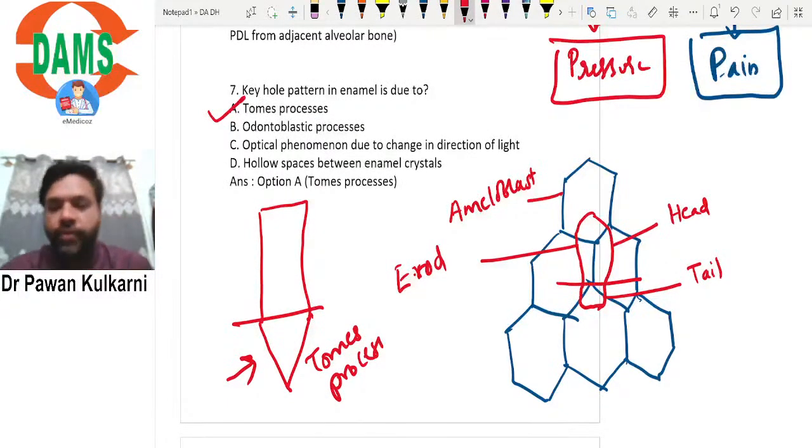What is Stone's fiber? Stone's process is an extension or process of the ameloblast. Stone's fiber is an odontoblastic process. So keyhole pattern is mainly due to the Stone's process, that is nothing but the ameloblast.